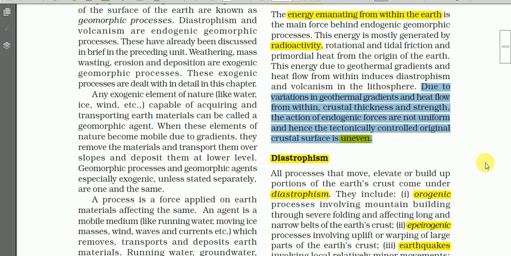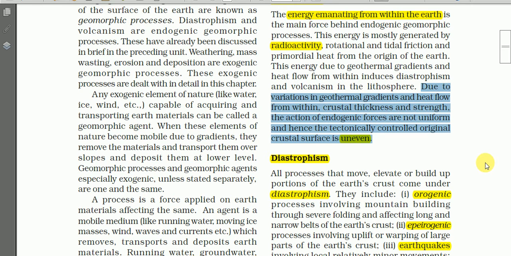Last time we discussed the question of why the surface of the earth is uneven, not smooth, and this line tells the answer for the original crustal surface.